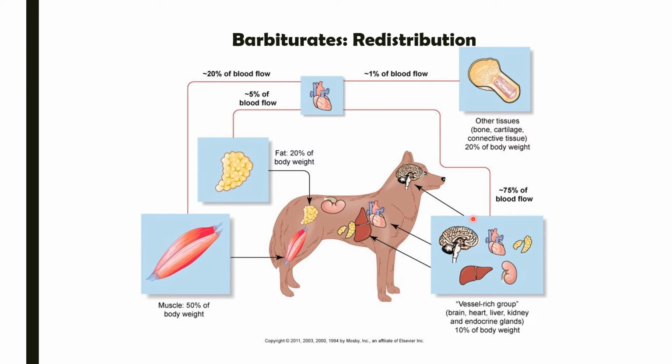The Thiopental readily enters the brain and the different vessel-rich group in the body, so it has a faster onset of action. After some time, the drug will be redistributed to other parts of the body, such as the less perfused tissues, the skeletal muscle, and the fat. When the drug is redistributed, the animal will lose unconsciousness because of this tissue redistribution.